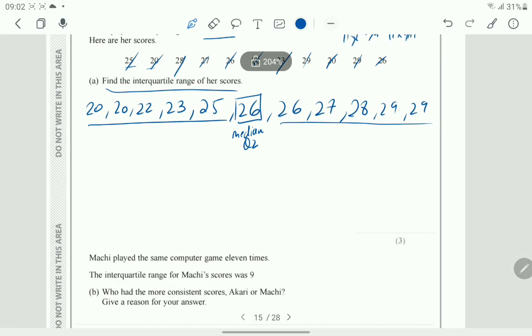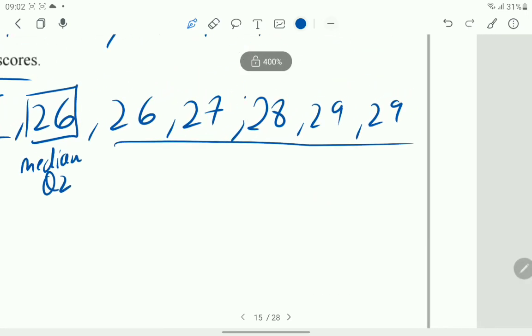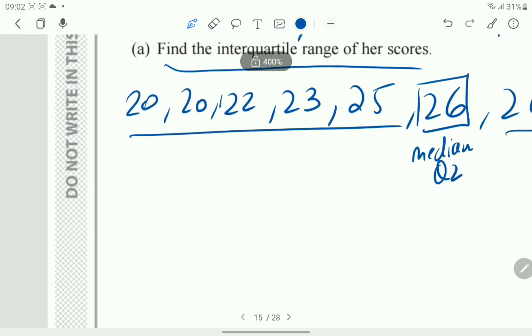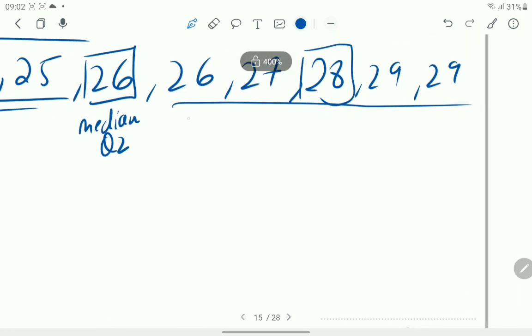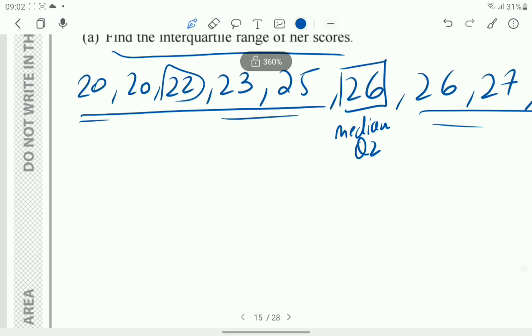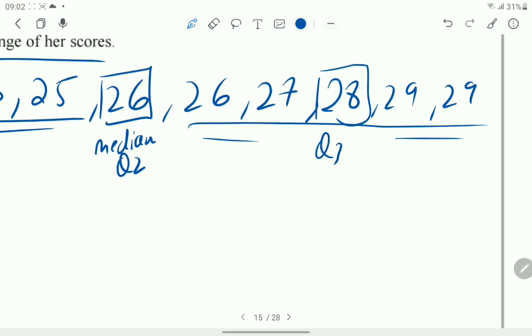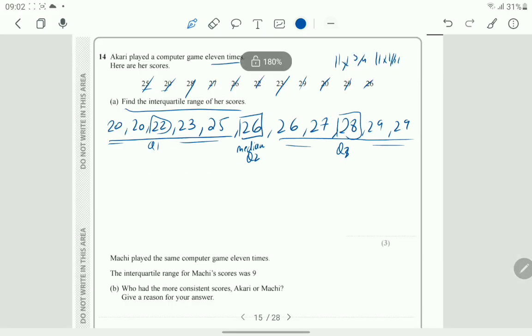Q2 divides the whole sequence in half, and Q1 and Q3 are basically those numbers that divide the next 5 equally. So as you can see, 22 has 2 behind it and 2 in front of it, and 28 has 2 behind it and 2 in front of it from their respective segregations. So this is Q1, this is Q3, and this works really well with an odd number of data items.